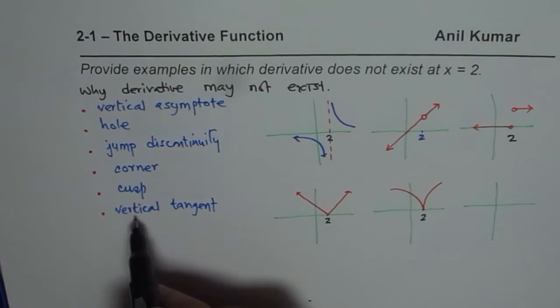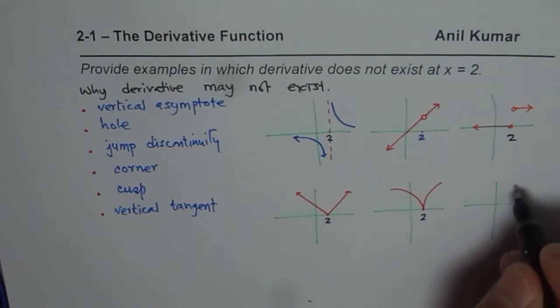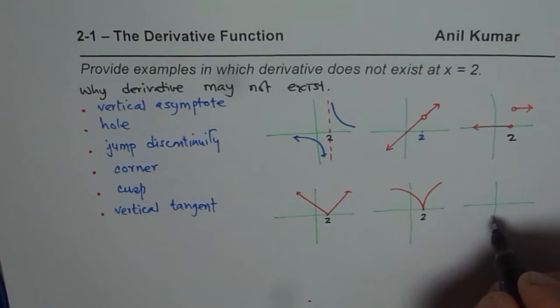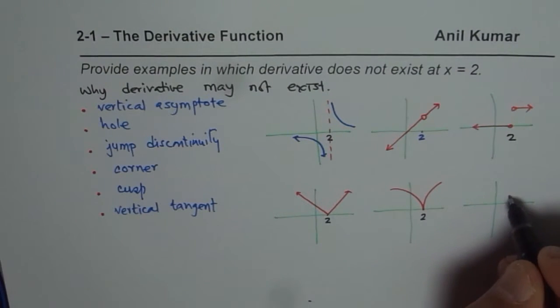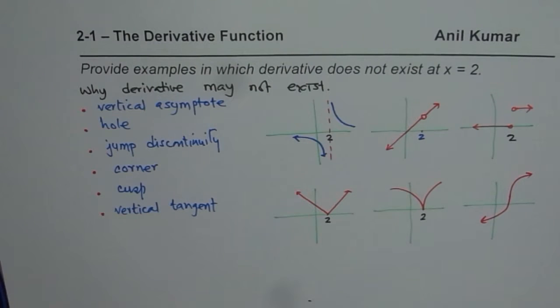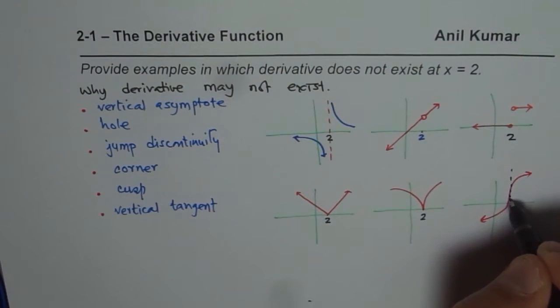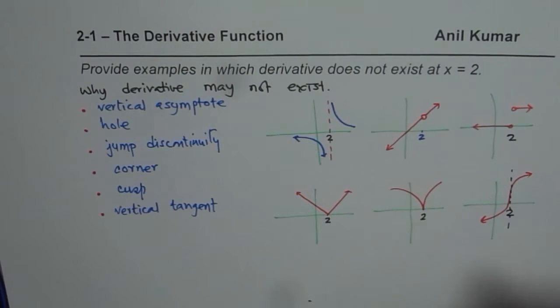Vertical tangent at 2. So vertical tangent are the functions where the function will be having kind of a cube root function, like this. Do you see that? So let us say this point is 2 for us. So we have a vertical tangent here at 2.